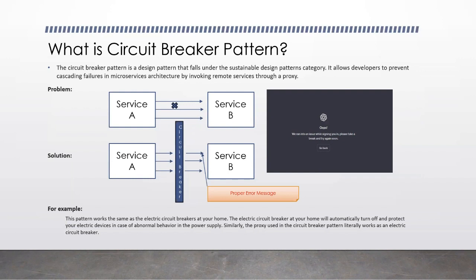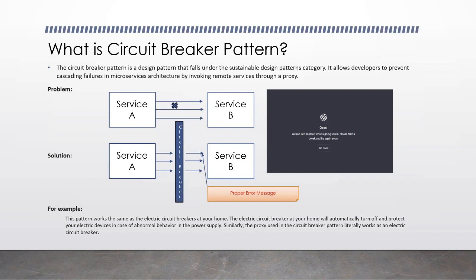It will keep checking whether the failure threshold is met, which I've configured in the Resilience4j configuration. Say, if 10 requests are failing, then I don't need to process any request. Just stop the request and send the error message to service A. This is the rule or process followed in the circuit breaker.